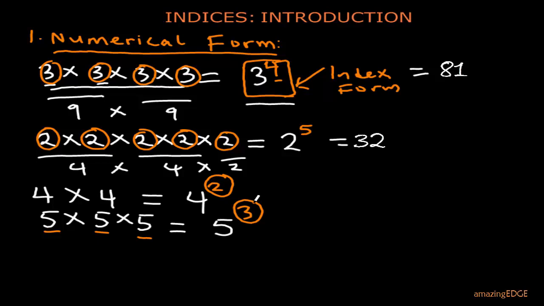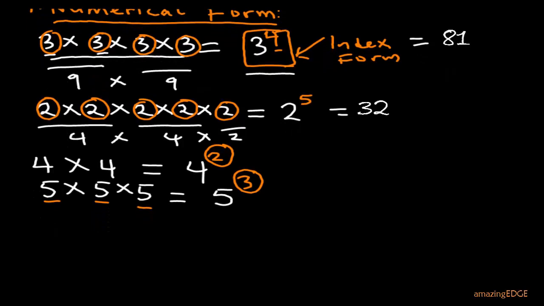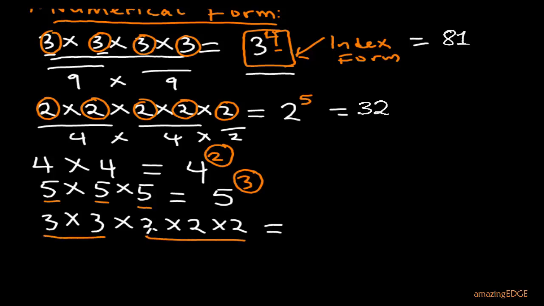We might look at another example. Supposing we have 3 times 3 times 2 times 2 times 2. We look at this and say to ourselves, we have 2 numerical values here. We have 3 here and we have 2s here. So because of this, we simply write this as 3 times 2.